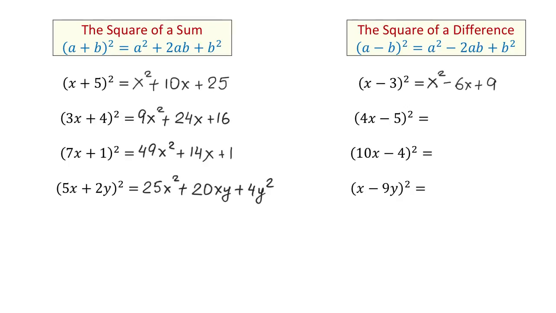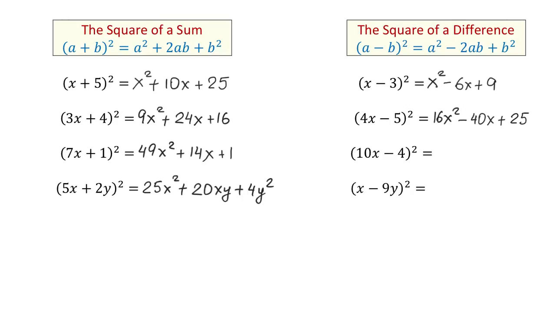The first term, 4x raised to the second power, 4x times 4x is 16x squared, minus the second term, 4x times 5 is 20x. 20x when doubled will be 40x, so minus 40x, and the last term, 5 to the second power is 25, so plus 25.